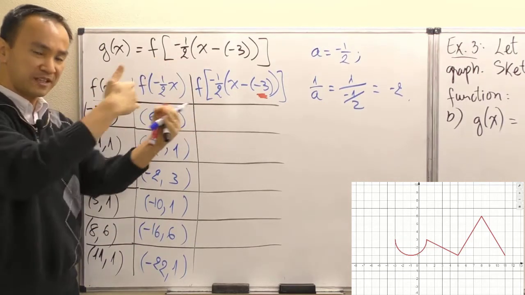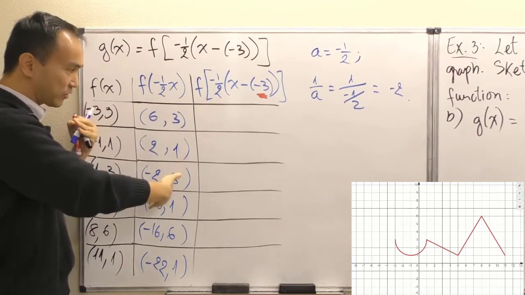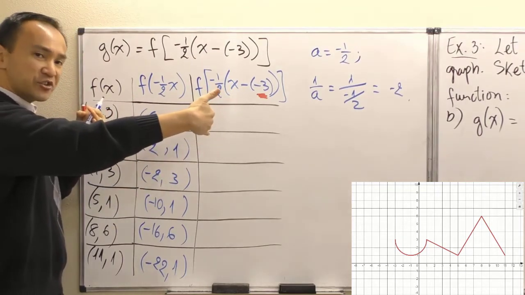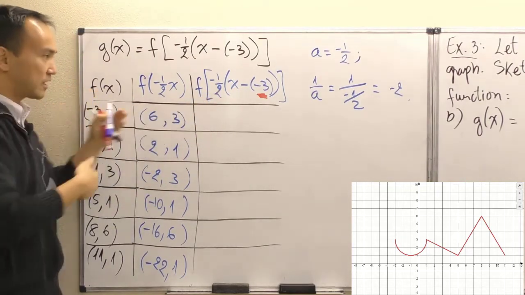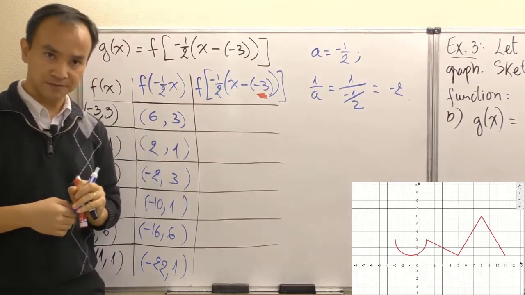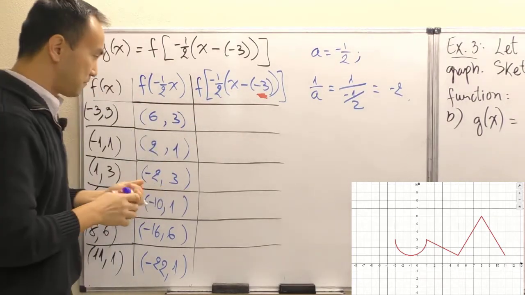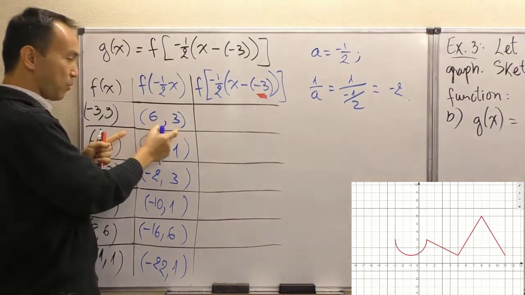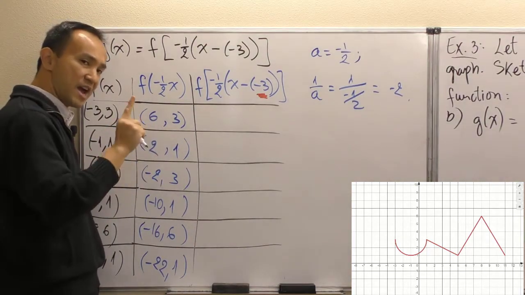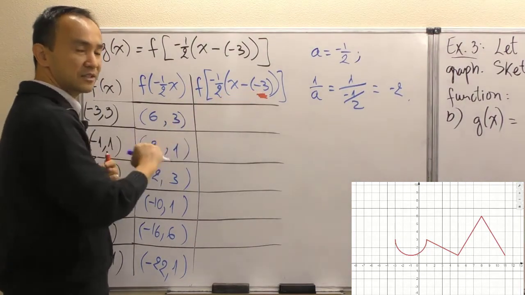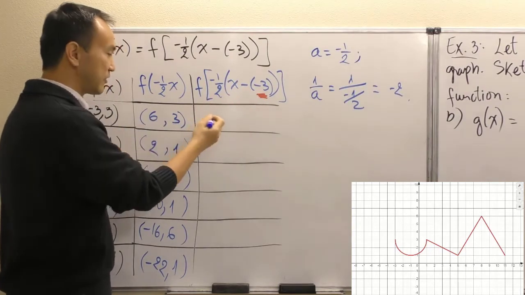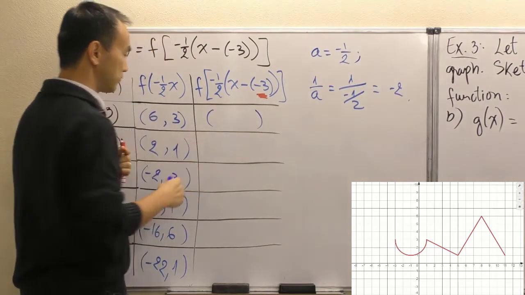We flipped and then stretched the graph, and once we're done with that, we take that stretched version and move it to the left by 3 units. So now let's get it done. The first point here, 6, 3, but I'm going to add -3 to every x value.